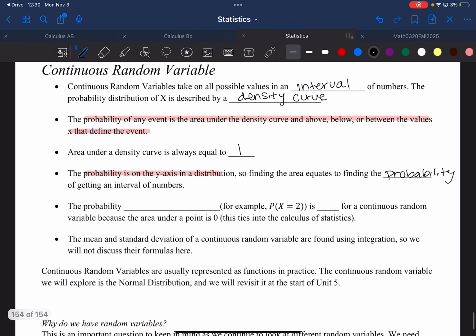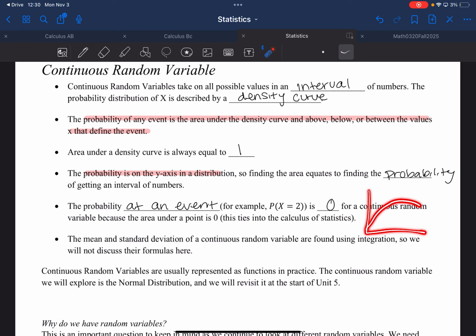The probability of an event, for example, P of x equals 2, is 0 for a continuous random variable because the area under a point is 0. This is where it starts tying to calculus, right? If you're in my calculus class, when we get to integration, integration is the area under the density curve.